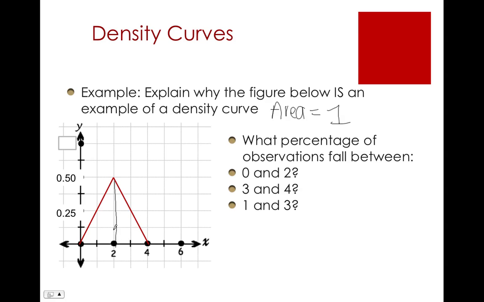Well, that would be the area under the curve between an x value of 0 and an x value of 2. That's also a triangle, and so that area is going to be 1/2. The base is 2, and the height is 0.5. And so I get 0.5 or 50% as my answer. And that makes sense. That's half the curve.